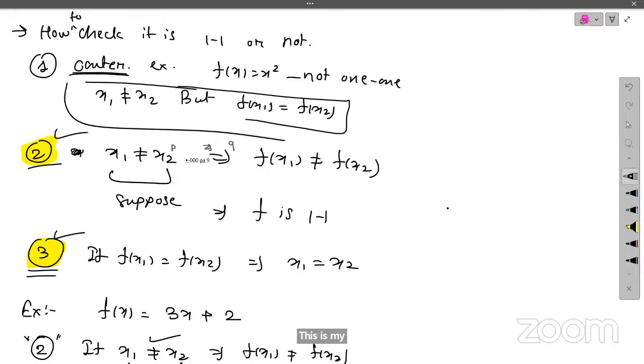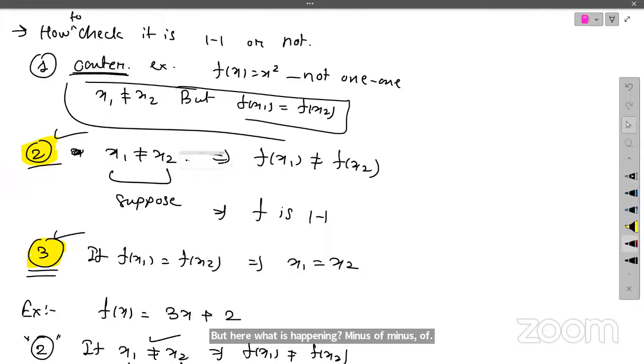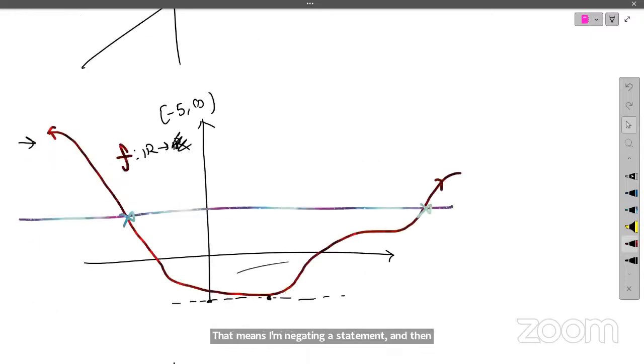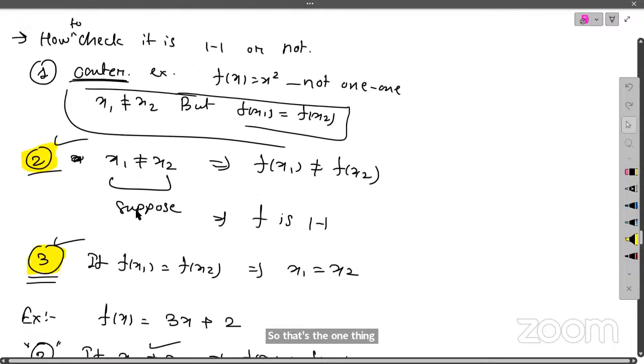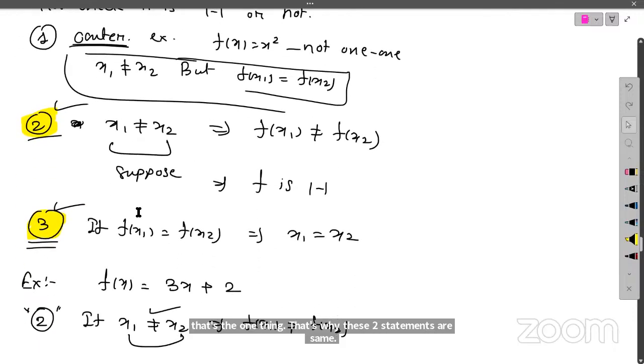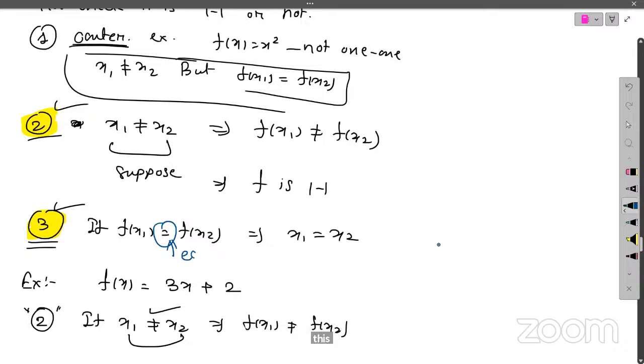But here, not Q implies not P. That means I am negating the statements, and I am also reversing the implication. That's why these two statements are the same. Actually, handling equality is easier than handling inequalities.